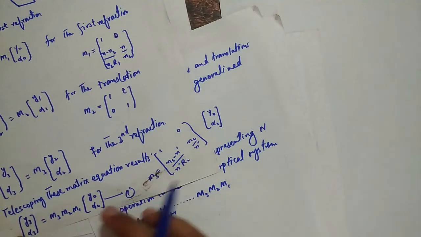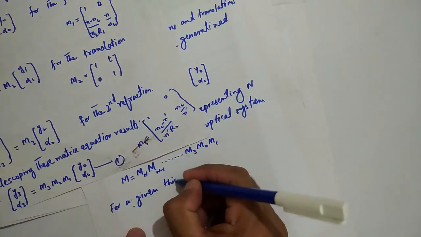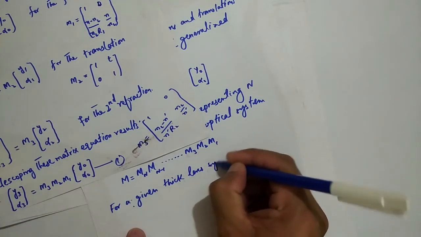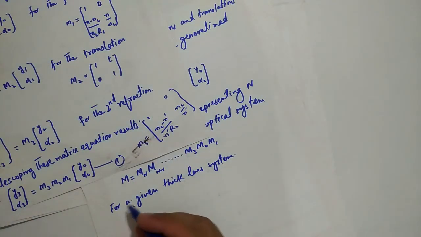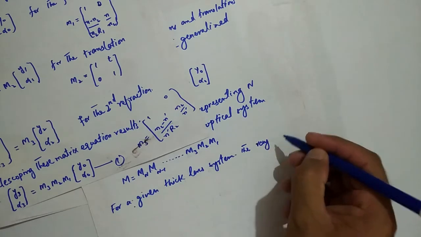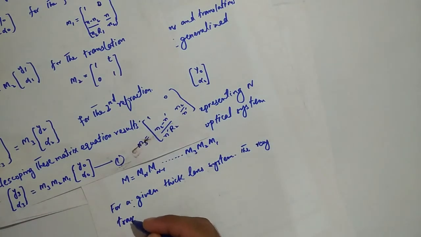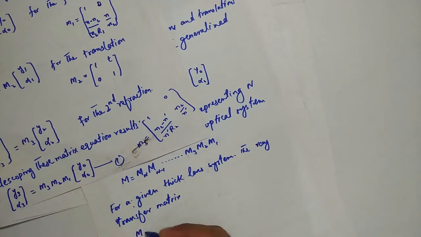So first let me write these matrices first. For a given thick lens system, which is given in our figure, the ray transfer matrix will be M, which is equal to M3 times M2 times M1. Simply substitute these matrices.